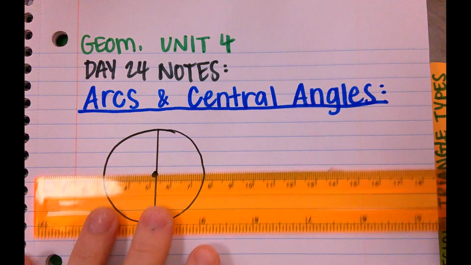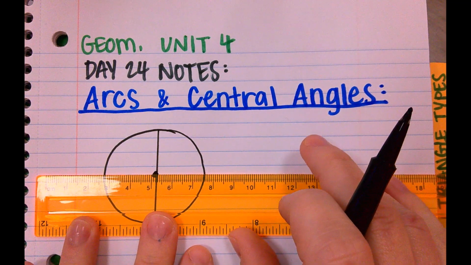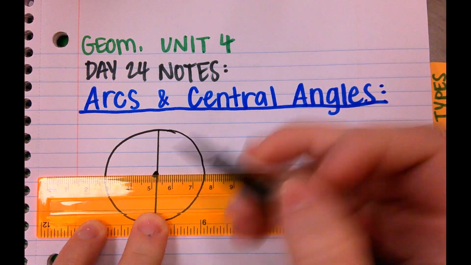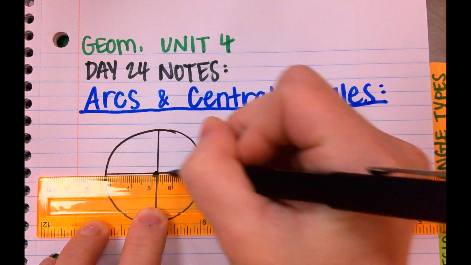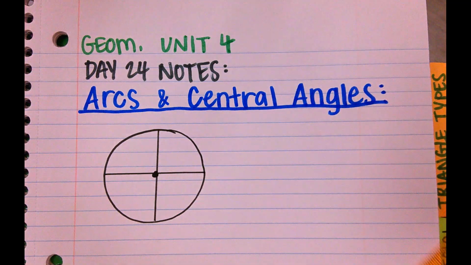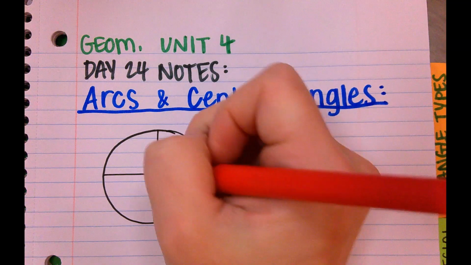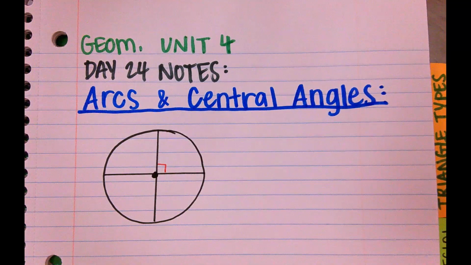Then you'll draw another diameter going across this way, forming a 90-degree angle for all four of your angles. Let's put a little box in one of our angles.